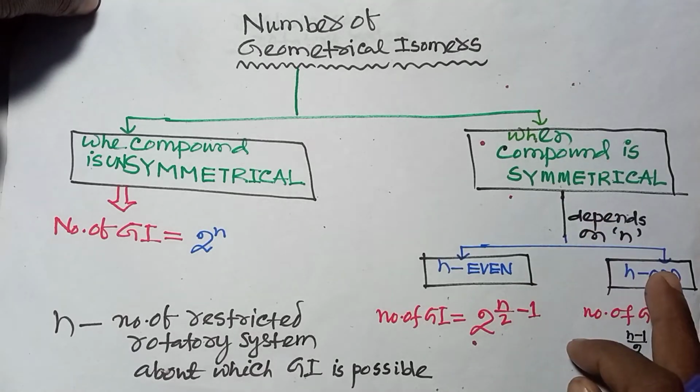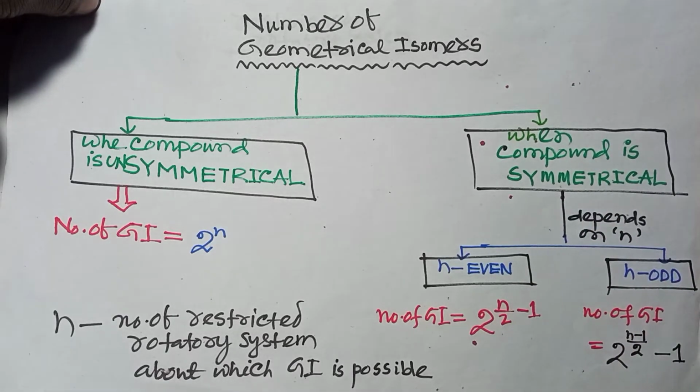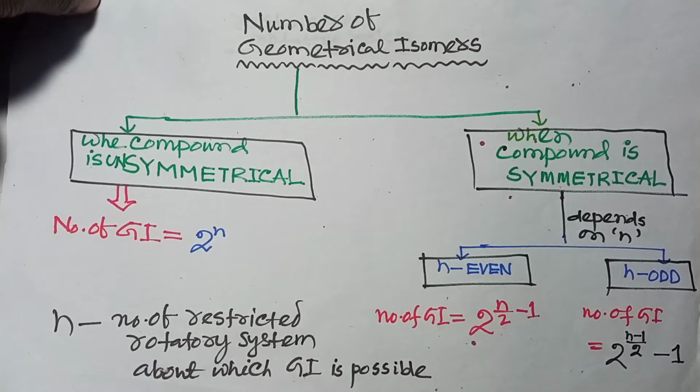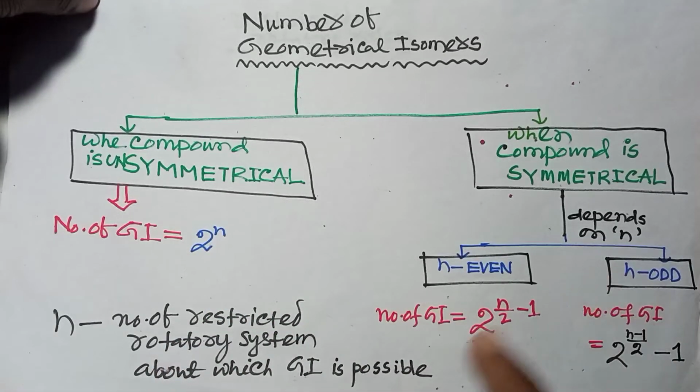And when n is odd, the number of geometrical isomers equals 2 power n minus 1 by 2 minus 1. Right, so let's see what is the value of n.